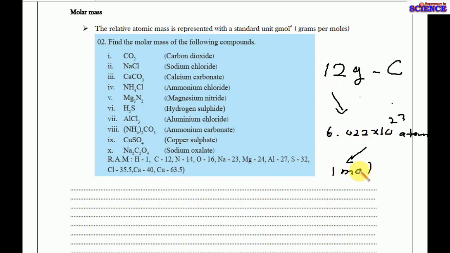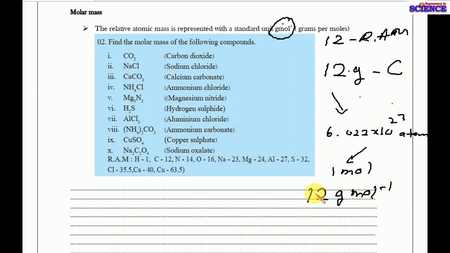Right? So how do we get this? 12 is the relative atomic mass of carbon. How to get this as molar mass? Molar mass has a unit, grams per mole. You know that in 1 mole there are 12 grams of carbon. That's why it is mentioned as 12 grams per mole. Per 1 mole there should be 12 grams of carbon.